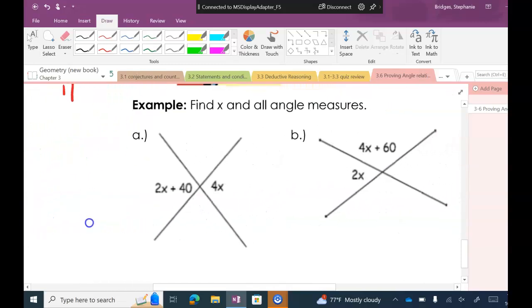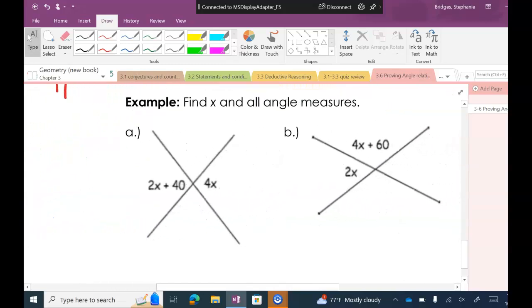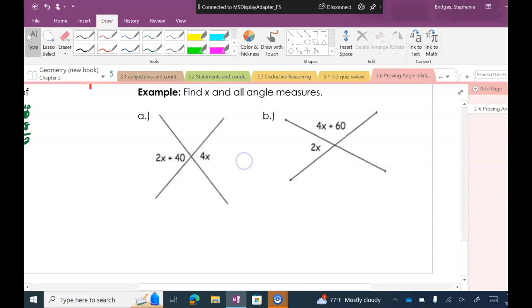All right. It says find x and all of the angle measures. What I have to do is decide how to set up my equation. Let's start with the first question, A. What are those two angles? 2x plus 40. Yeah, but what do you know about them? They're vertical, which means they are equal. So to set up an equation and solve, I'm going to set 2x plus 40 equal to 4x.